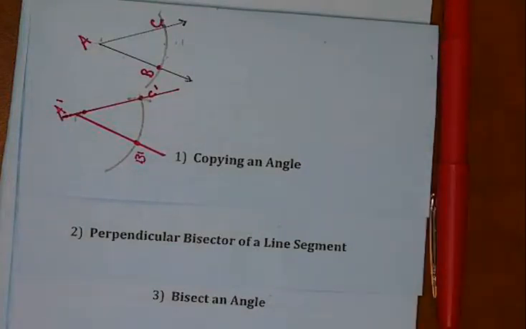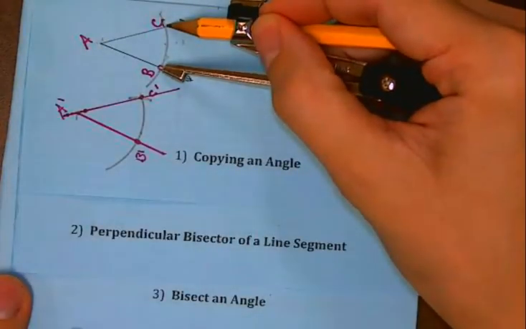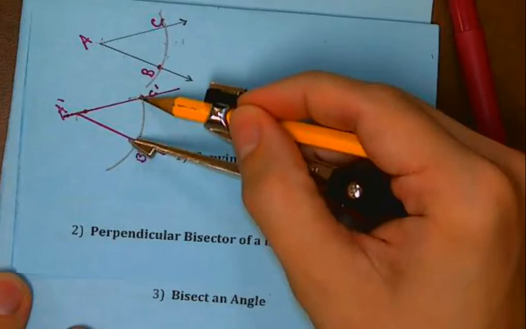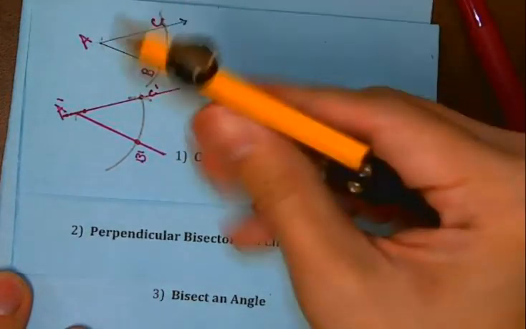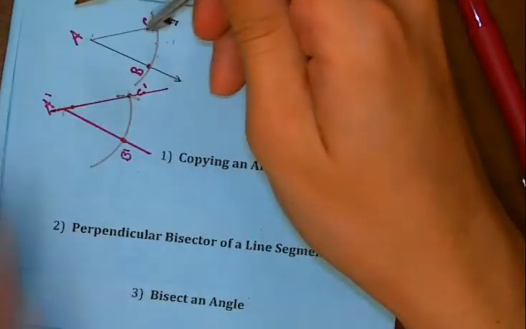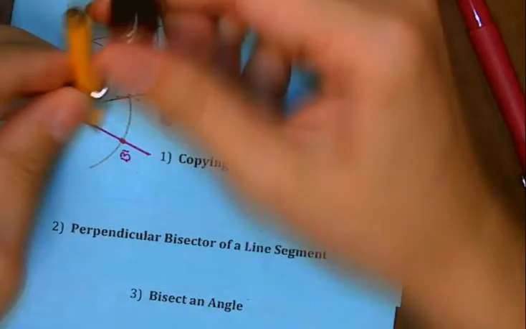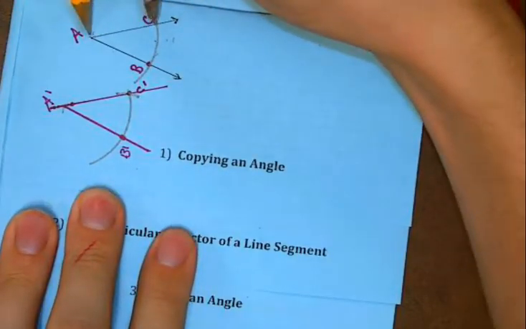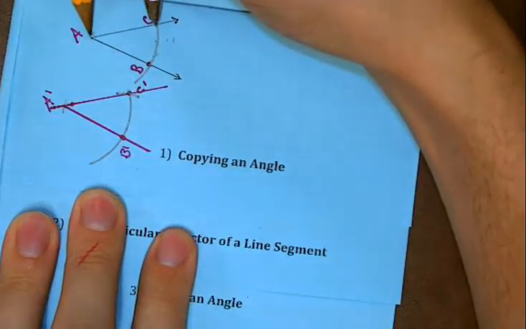And if you look at this, C is the same distance away from A. B and C is the same. Right? And then A and C are the same distance from here as they are from here. Okay?